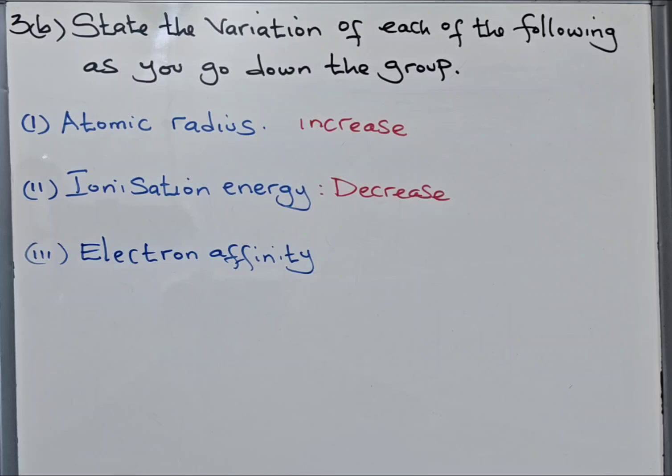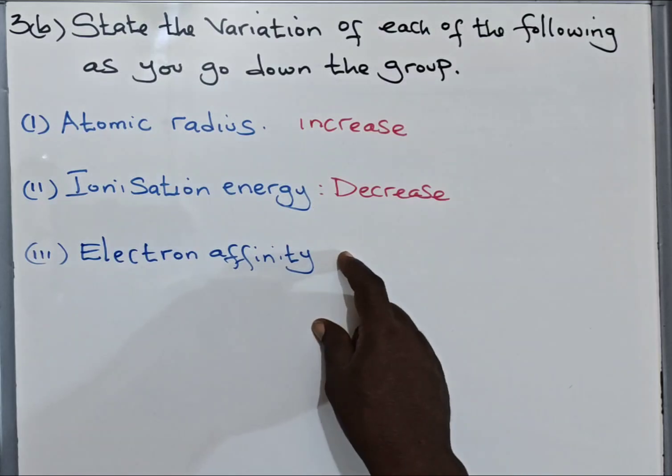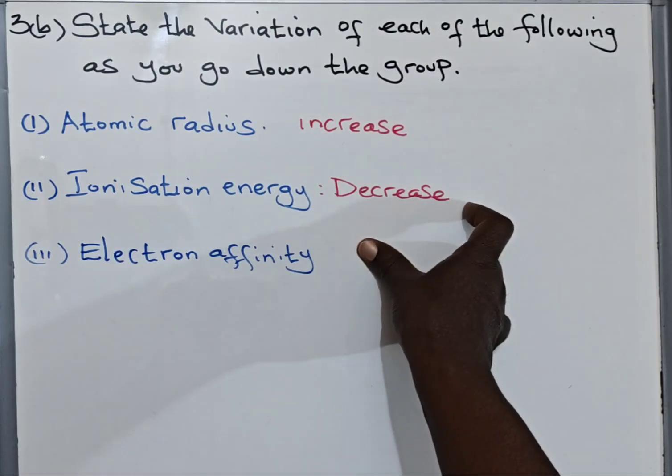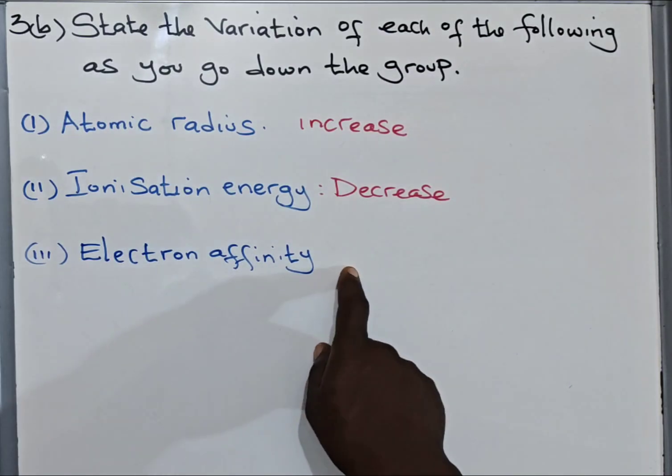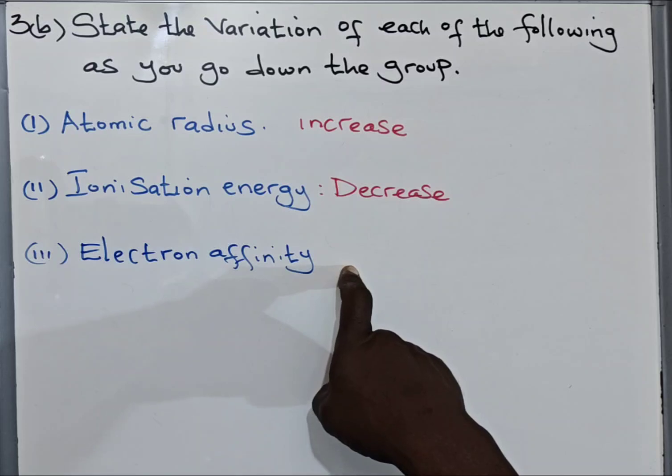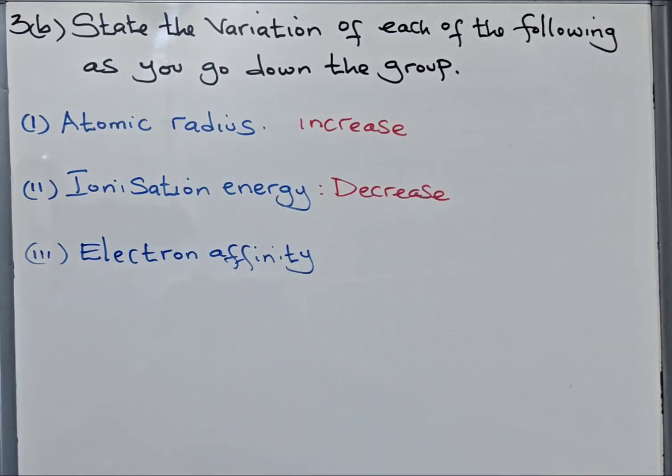Then comes electron affinity. What is it? Electron affinity is the energy released when an electron is added to an atom in the gaseous phase. These two are almost opposite. Here we are removing an electron, and in this case, we are adding an electron. So what is the variation?